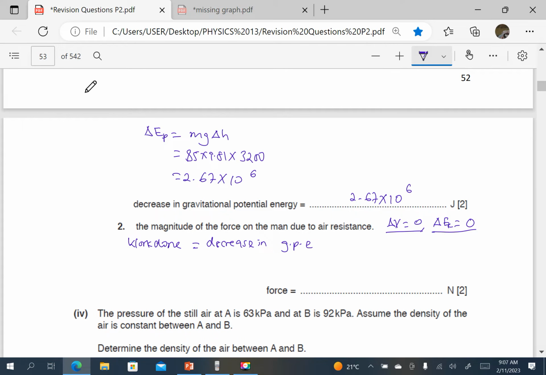So the force due to air resistance, I'm calling it Fr, times the distance s is equal to the decrease in gravitational potential energy, which is 2.67 times 10 power 6. So the frictional force is going to be equal to 2.67 times 10 power 6 divided by the distance.